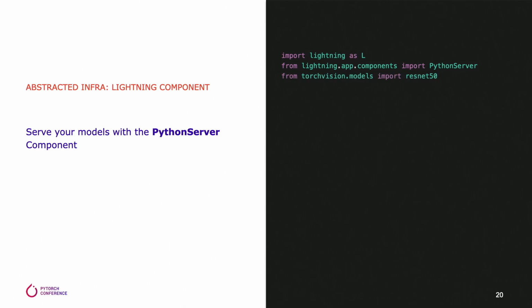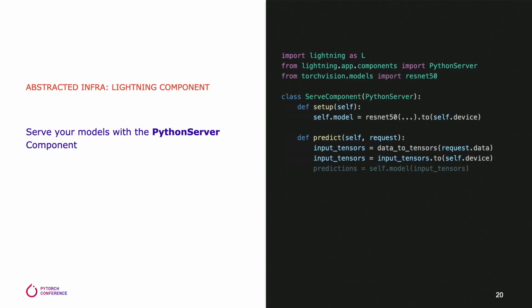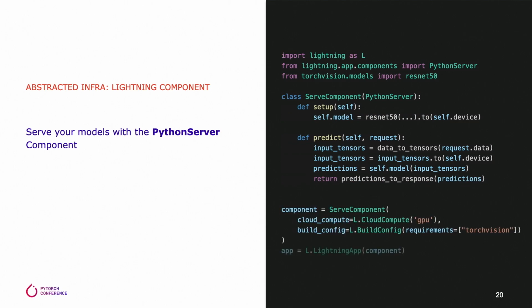But the interesting thing is Lightning App is actually a very flexible and generic framework. It's very well tailored for training PyTorch and PyTorch Lightning in the cloud, but it also goes beyond the confines of training. So lightning.app.components provides already a lot of built-in components. Here I'm covering the Python server. This one has two hooks, for example, setup and predict.